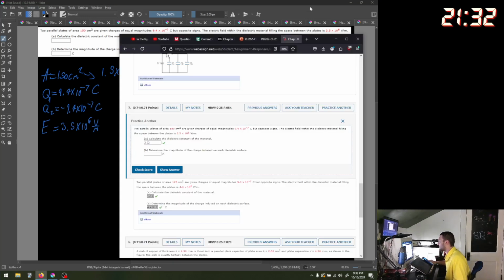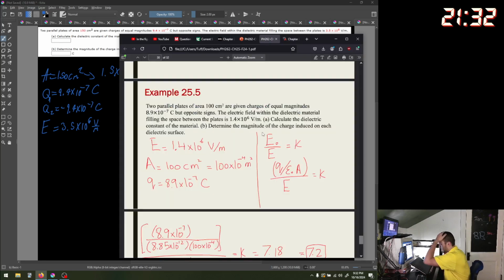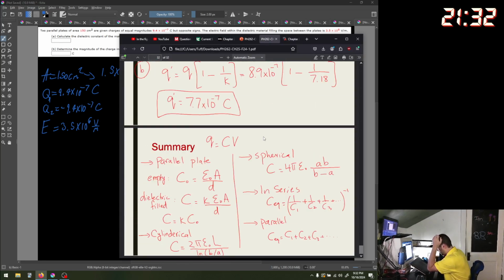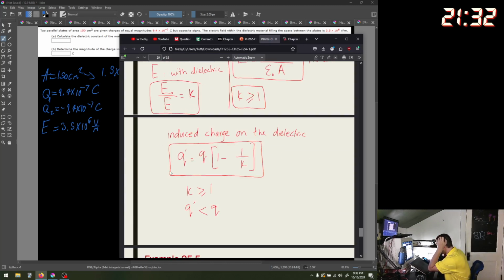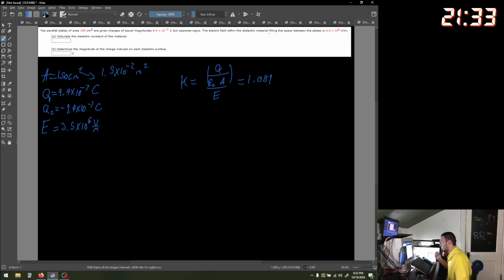So it's going to want it in coulombs. Magnitude. This Q prime? Yeah. So it's just going to be Q times 1 minus 1 over K.